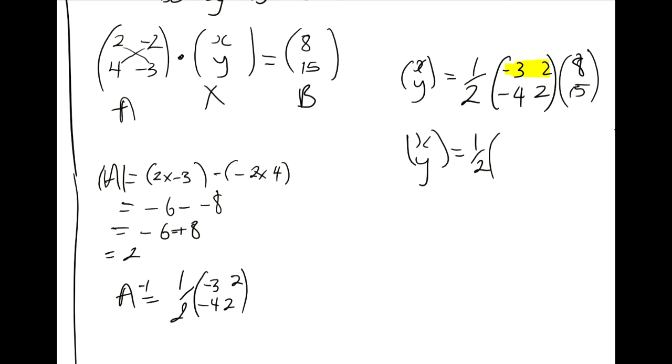This is the first row, this is the second row, and this is the column. So it's going to be negative 3 multiplied by 8 plus 2 multiplied by 15. And then on the bottom row, negative 4 multiplied by 8 plus 2 multiplied by 15.